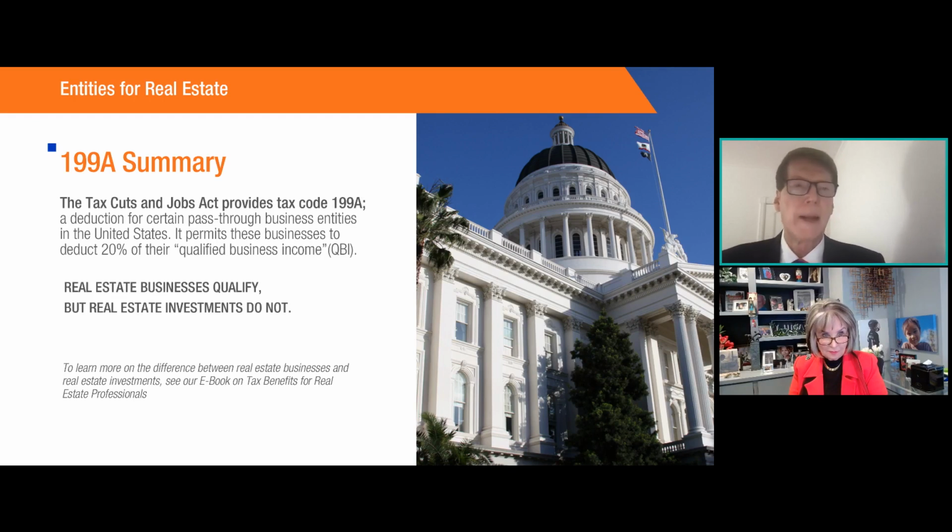John lives next to Mary. They're identical in all respects. John has a job where he makes $1 million a year in wages. Mary has a business where she makes a profit of $1 million. Everything else, they're identical. And 199A, that refers to Internal Revenue Code section 199A.